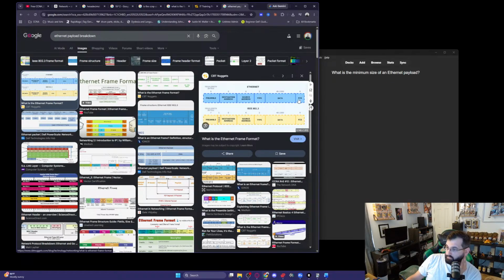Hey, look, it's from CBT Nuggets. So then, what is the minimum size? The minimum size is going to be 8 plus 6 plus 6 plus 2 plus... So 12, 13, 14, and then 14 plus 8 would be 22.